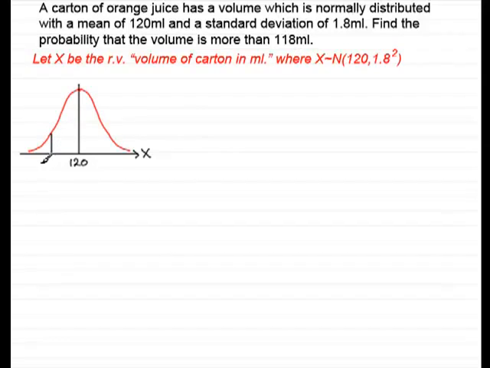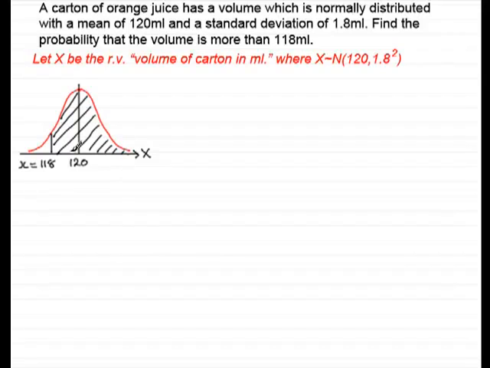That's 118. It's an observed value, and the standard letter for observed values is a little x when the random variable is capital X. We're interested in the volume being more than 118 milliliters, so that's represented by shading this area over here.